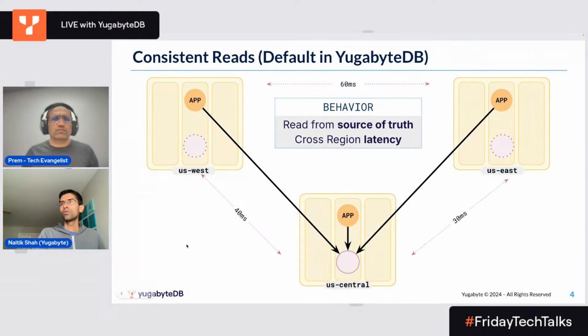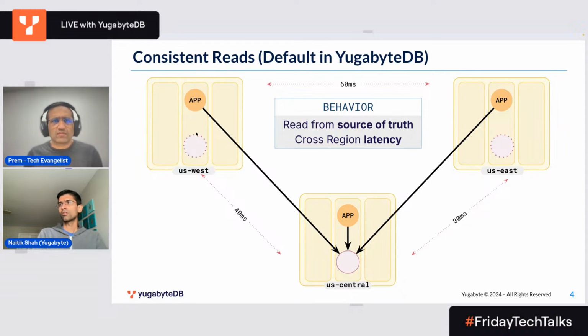All right, so let's look at, first of all, the default behavior in Yugabyte. As you can see here, we have multiple regions: US West, US Central, and US East. We have an application deployed in each region as well, and three nodes in the cluster.